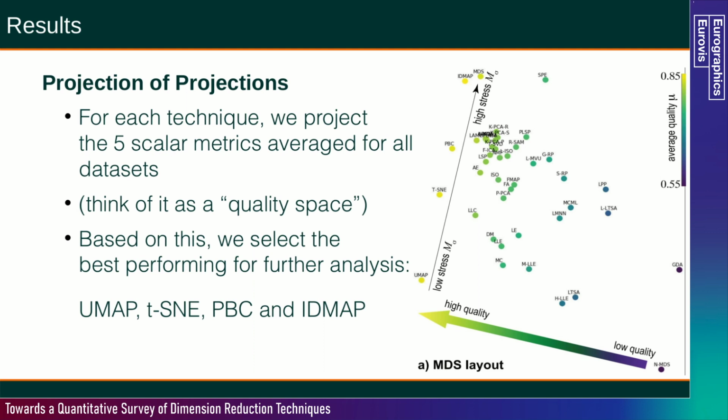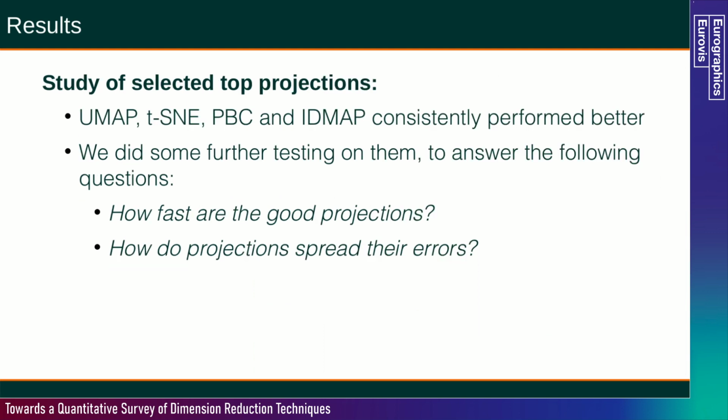Okay, so by using this diagram, we could select the top performing ones for further analysis, which were UMAP, TSNE, PBC, and IDMAP. MDS itself almost made it, but we had limited space, so we had to cut it into 4 only.